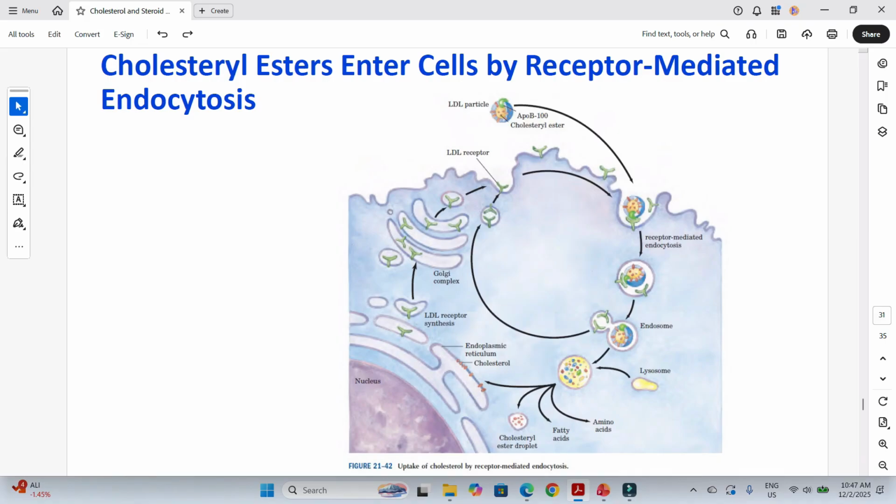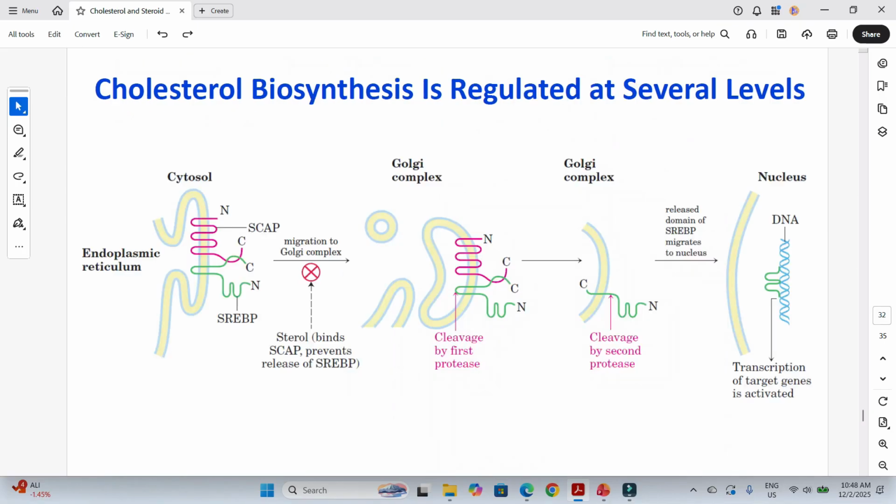So LDL, ApoB100, is recognized by the liver cell, or the hepatocyte, and you end up forming an endosome. It's like the lipoprotein has been engulfed. So the endosome is formed, and then it's essentially digested, the cholesterol ester is released, and the other contents, of course, of the LDL particle.